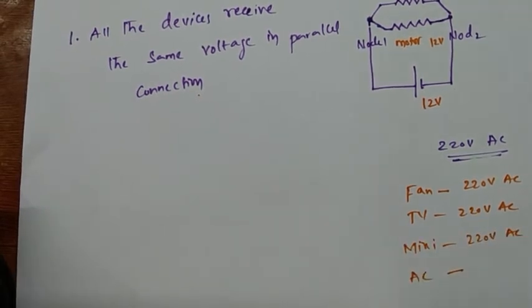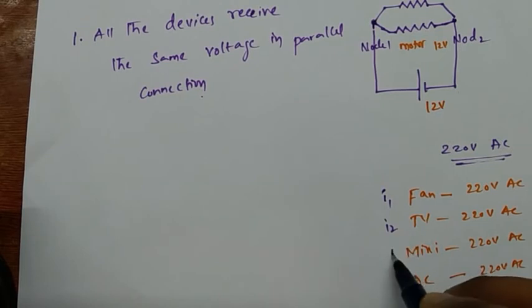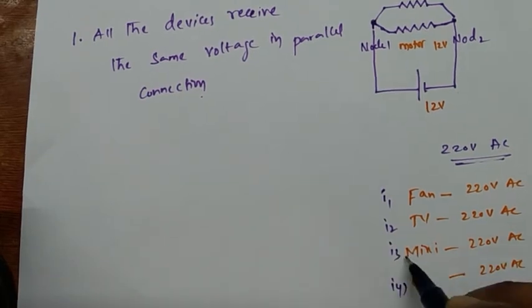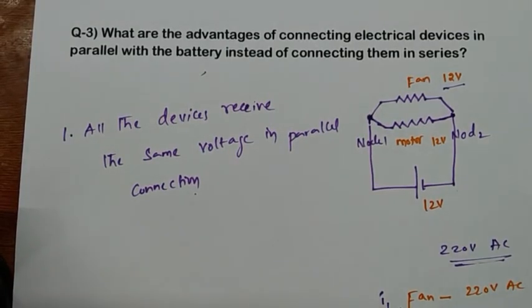The air conditioner also works on the same AC supply. So they get the same voltage. Then what is different? The current will be different. Each one will get a different current. In this case also it is the same: they receive the same voltage but the currents are different.